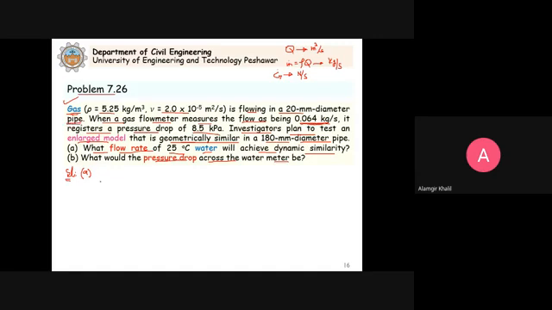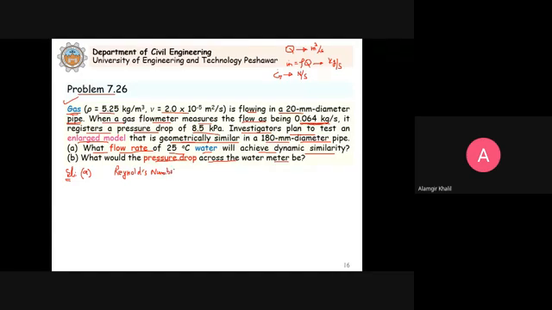Inertia and friction due to viscosity dominate the pipe flow, so it must satisfy the Reynolds number criteria. This criteria we have to satisfy.